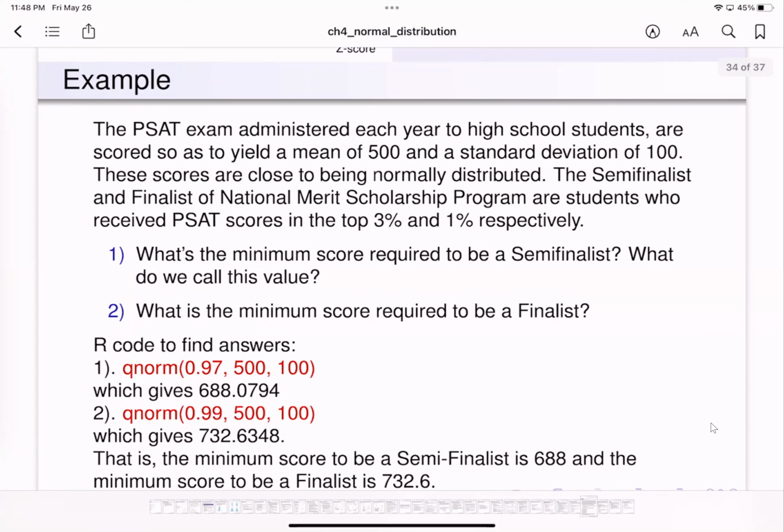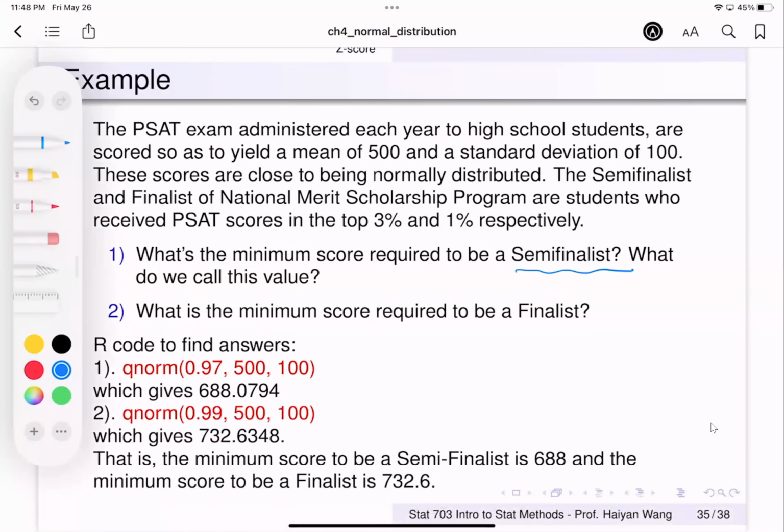What is the minimum score required to be a semi-finalist? So what do we call this value? Semi-finalist refers to separating the top 3% from those below. Therefore, this is the 97th percentile. And the finalist, on the other hand, is the 99th percentile.